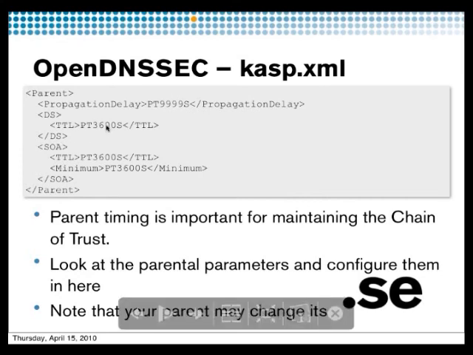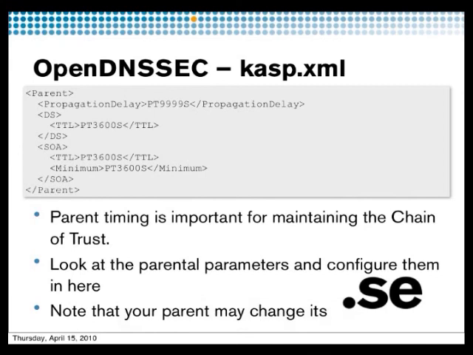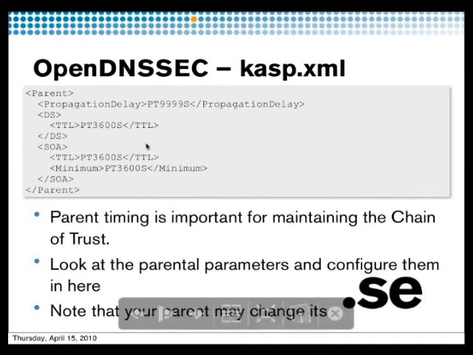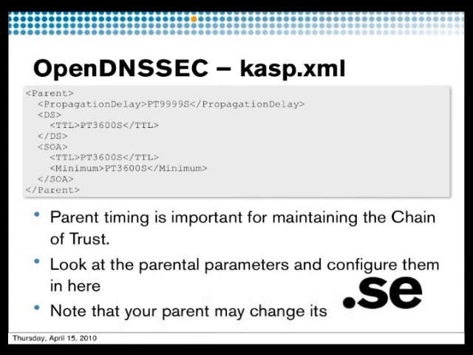What TTLs do we have on the DS records, and also the expiry information, or the minimum and TTL for the SOA record of the parent. And this is for negative caching, if there are some negative caches in the resolvers out on the internet. So you know that they have expired before we start doing rollovers, introducing new keys.